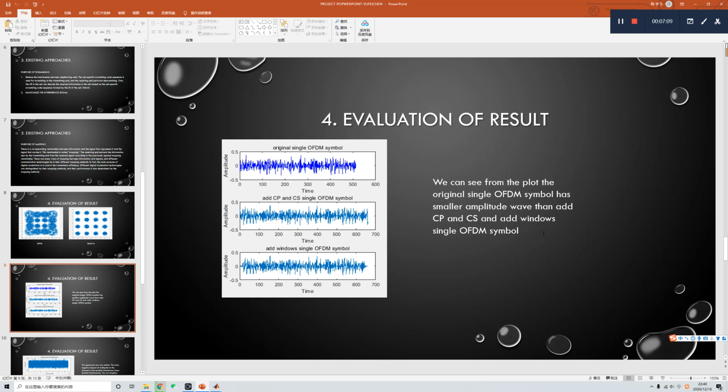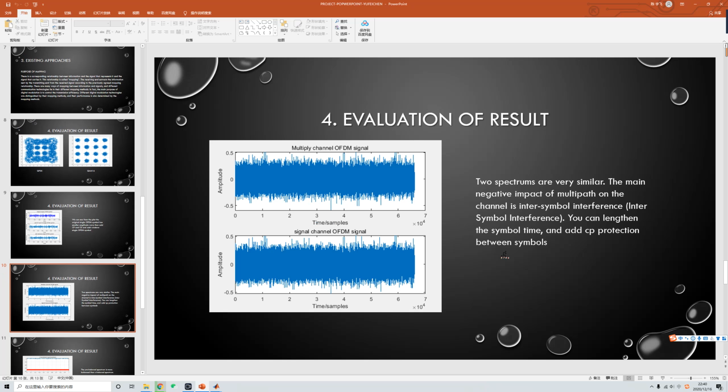We can see from the plot that the original single OFDM symbol has a smaller amplitude range than the one with CP, CS and windows added. That means the original OFDM symbol is more balanced than after adding these.